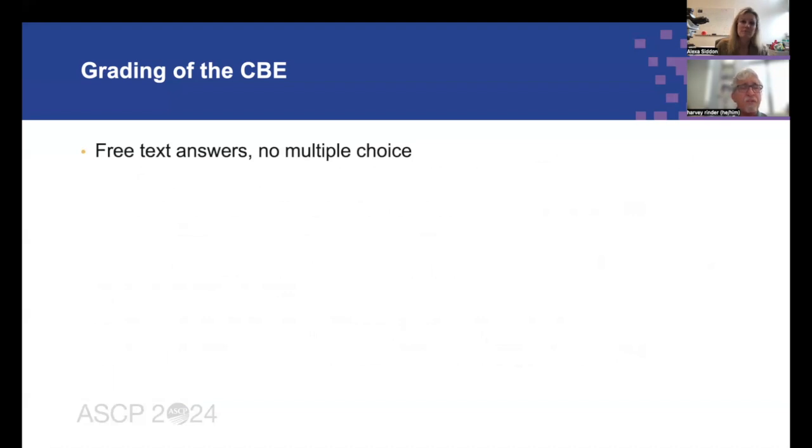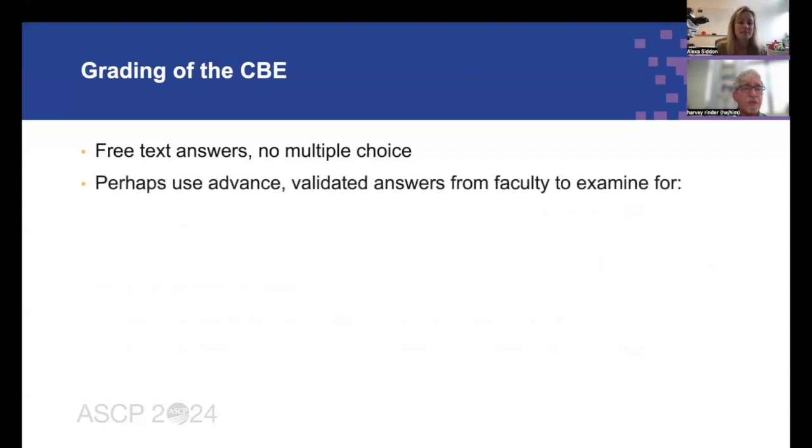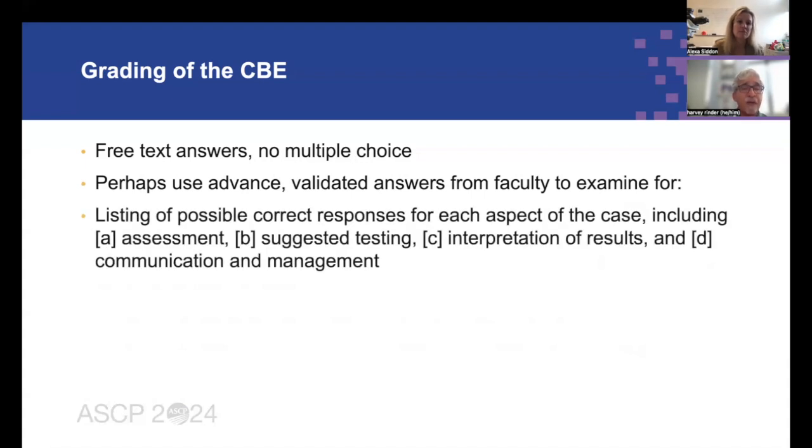Now, remember, these are free text answers with no multiple choice. So we might have in advance validated answers from the faculty to examine for any of the following.